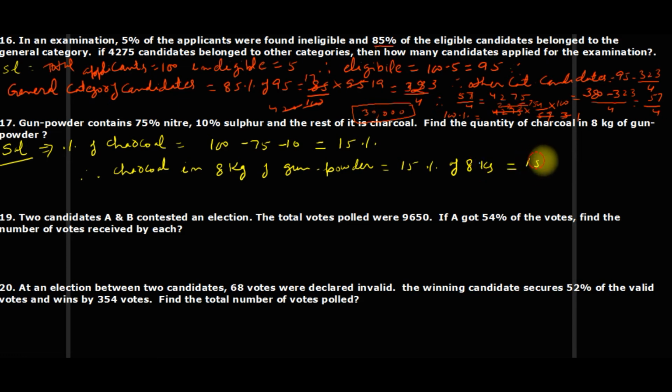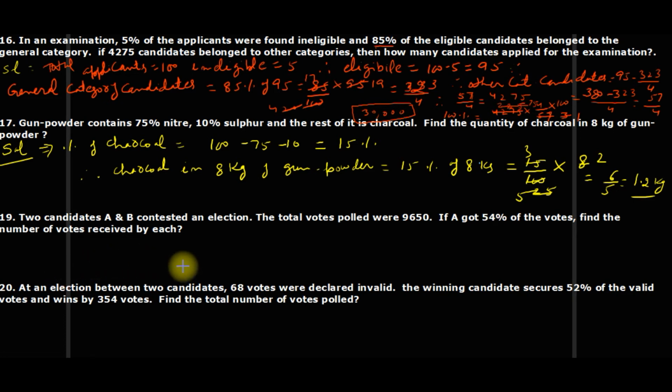That means 15 over 100 multiplied by 8. So 4 2s are 8, 25 5s, 3 5s. So it would become 6 upon 5. If we divide it, 5 1s are 5, 1. So it will come out to be 1.2 kg. Right.